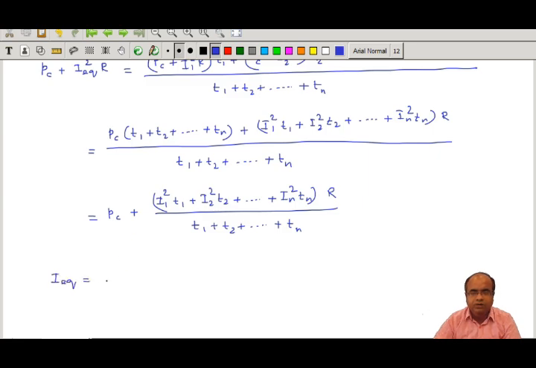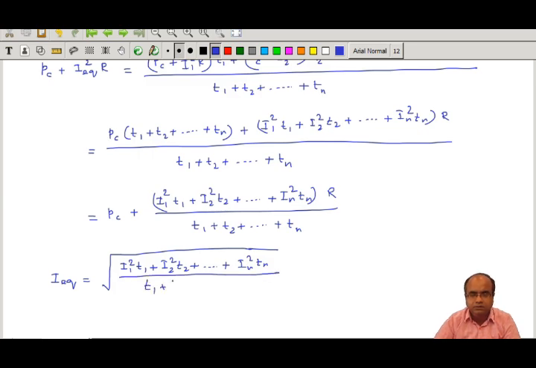I equivalent becomes root over I1 square t1 plus I2 square t2 up to In square tn, whole divided by t1 plus t2 up to tn. Okay. This is the method of the equivalent current to find out the power rating of the machine.